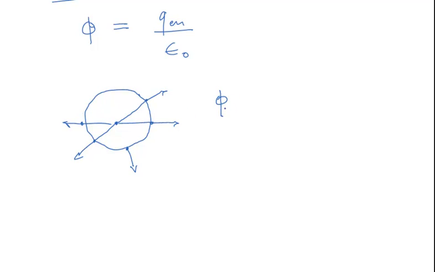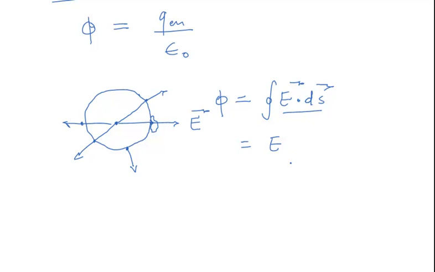So if we find phi, that is equal to E dot ds. Let us say the electric field strength is E, the magnitude of which is capital E. Then E and ds, the small area that you consider on the surface, will always be parallel to each other, because the ds vector is normal to the surface.